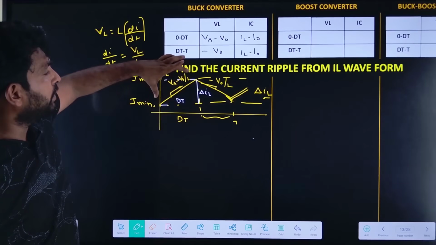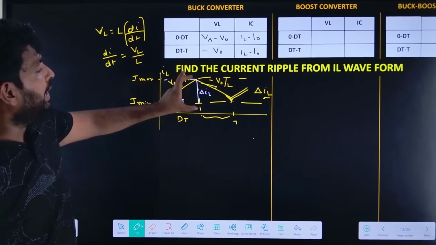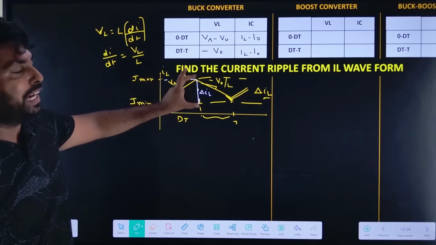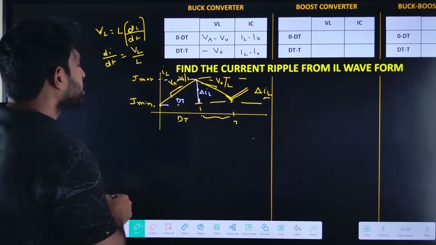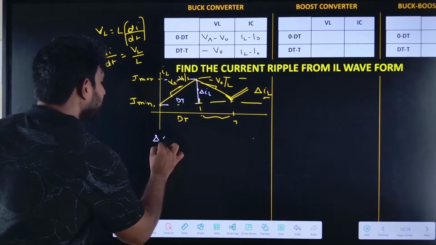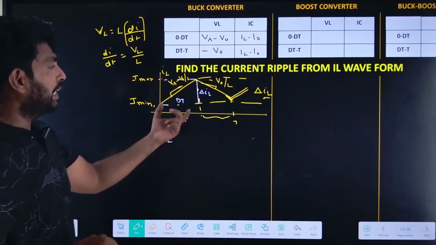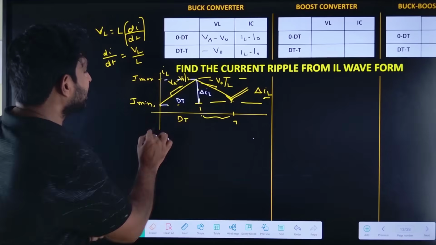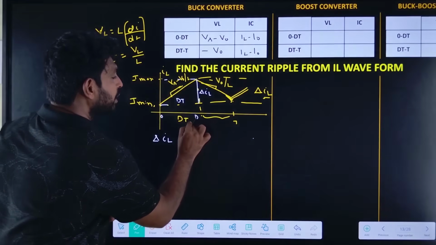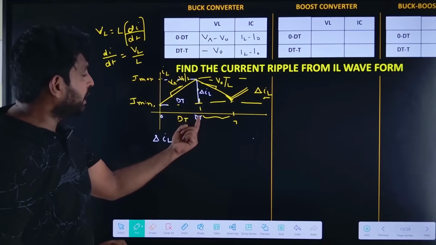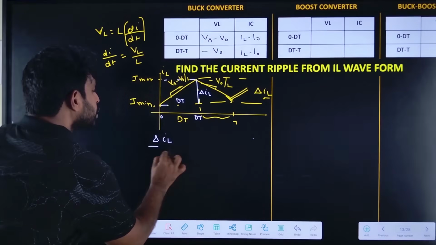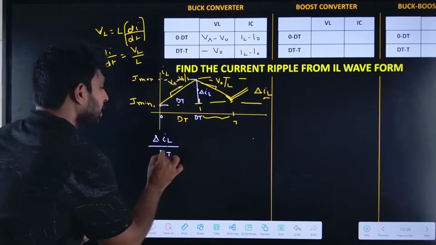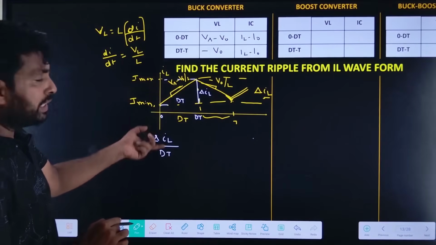So the slope will be Vs minus V0 by L, and it will be delta IL divided by dT. The y-axis is delta IL, and the x-axis is 0 to dT. If I consider dT minus 0, that is delta t, which is equal to dT.